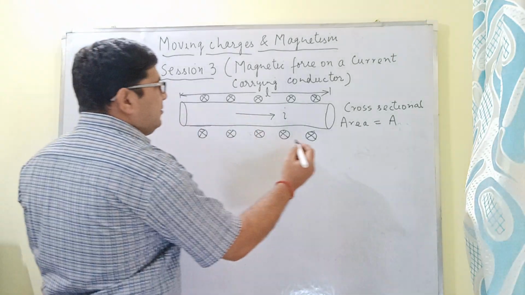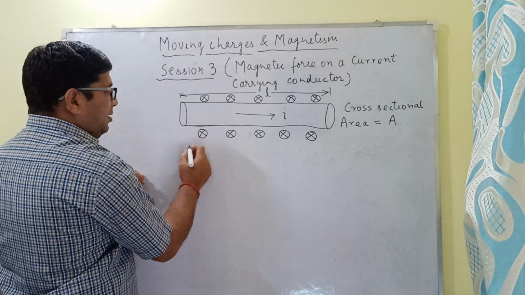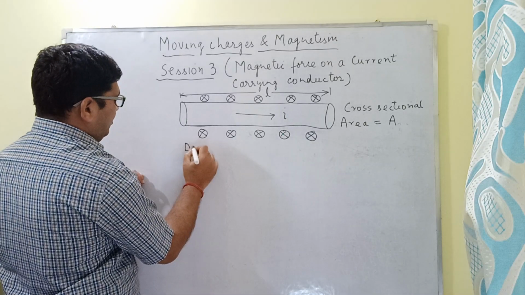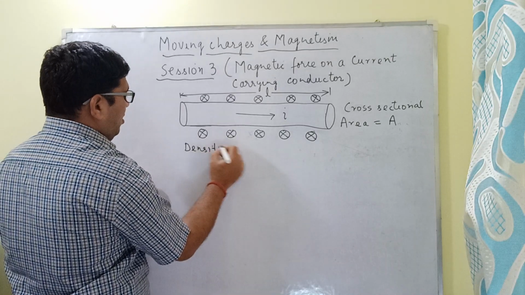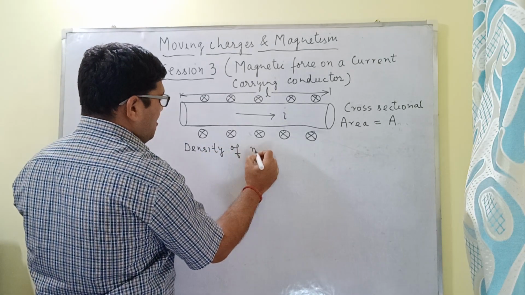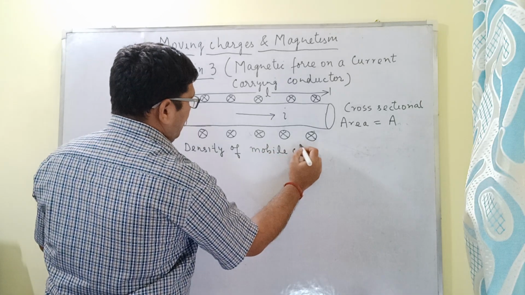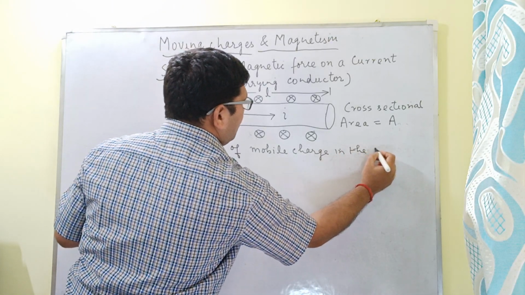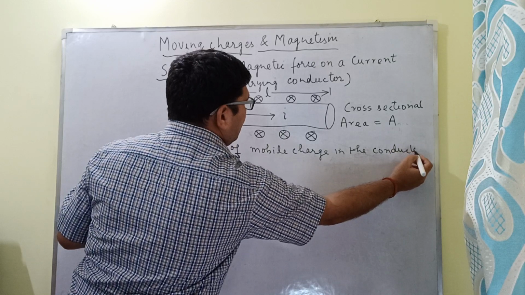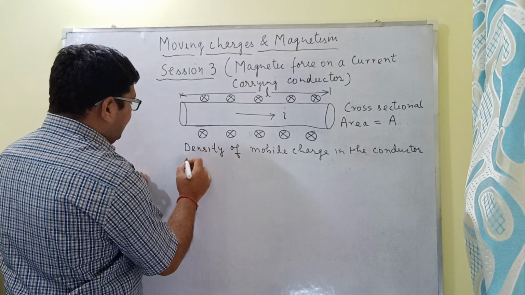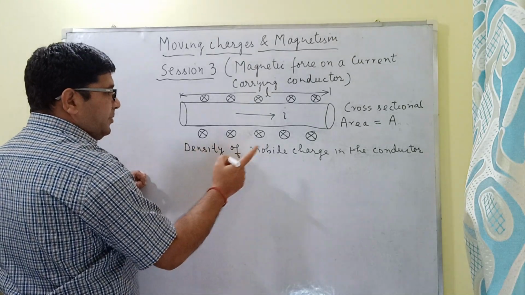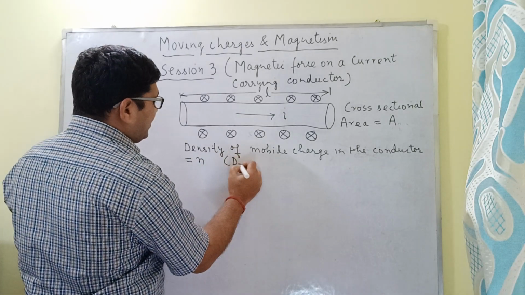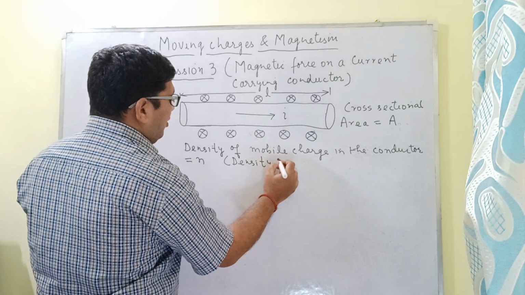So let us say, let us consider that the density of the mobile charge in the conductor is equal to n, and this density is basically the density per unit volume.